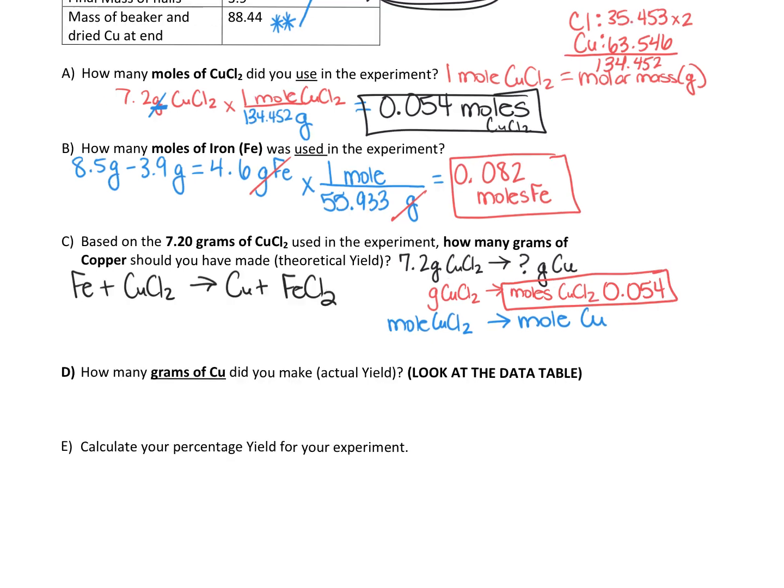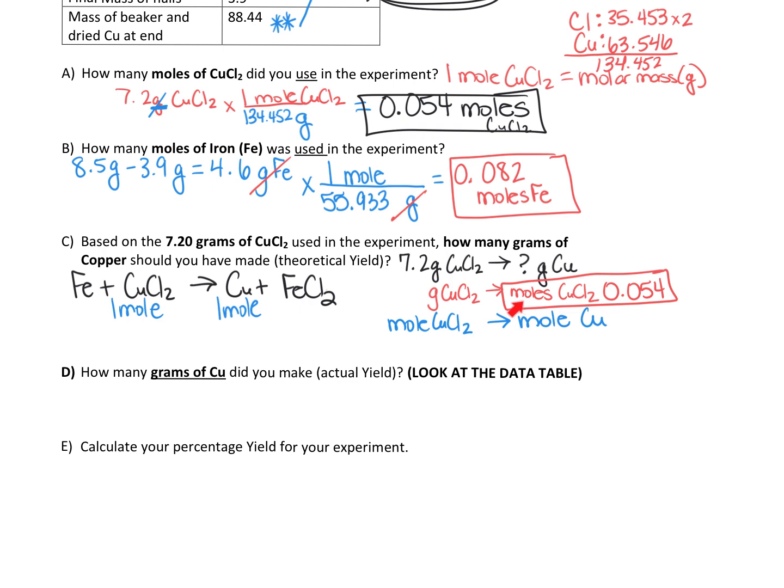We need a relationship from it that relates copper chloride to copper. There's no coefficient in front of copper chloride, so 1 mole of copper chloride is needed, and we're going to make 1 mole of copper. For every 1 mole of copper chloride, we make 1 mole of copper. It's a 1-to-1 ratio.